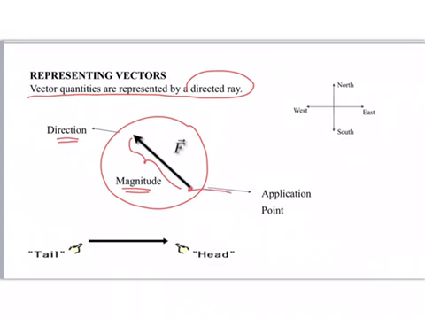This is the beginning or the application point of the vector. The beginning application point is called the tail, and the end of the vector which has the arrow is called the head of the vector. And this is the symbol of the vector, with a capital letter and an arrow above it.